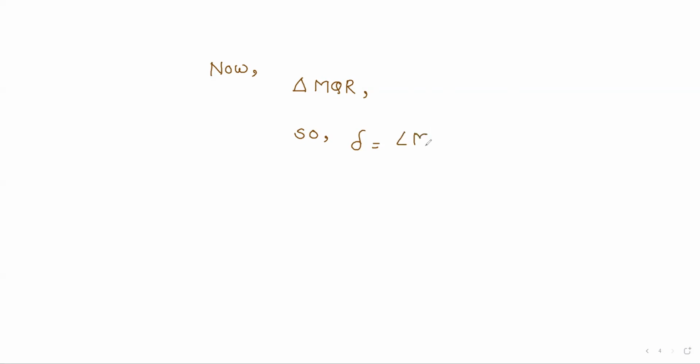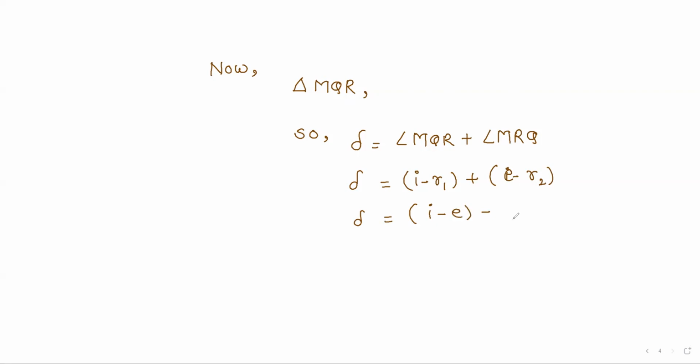The interior angles are here MQR plus MRQ. So MQR I can write as I minus R1, and this MRQ I can write as E minus R2. So we will take the same terms into one bracket.